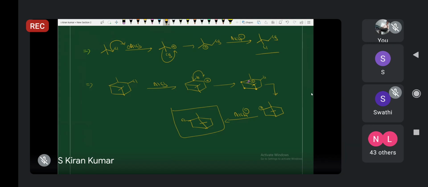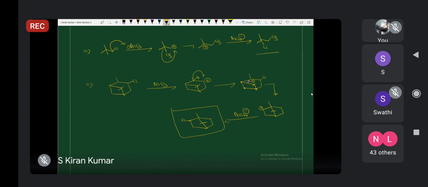Examples. All the rearrangement reactions are over. Most of the important rearrangement reactions are completed. The first one is the pinacol-pinacolone rearrangement, diols to carbonyl compounds.